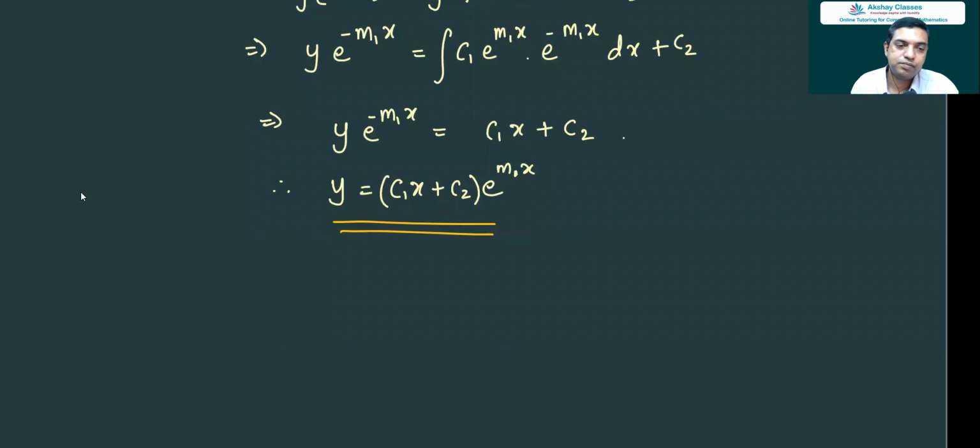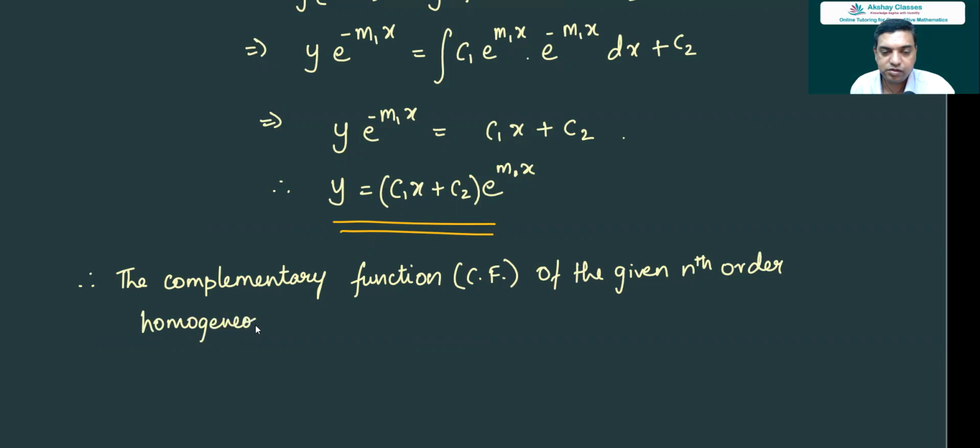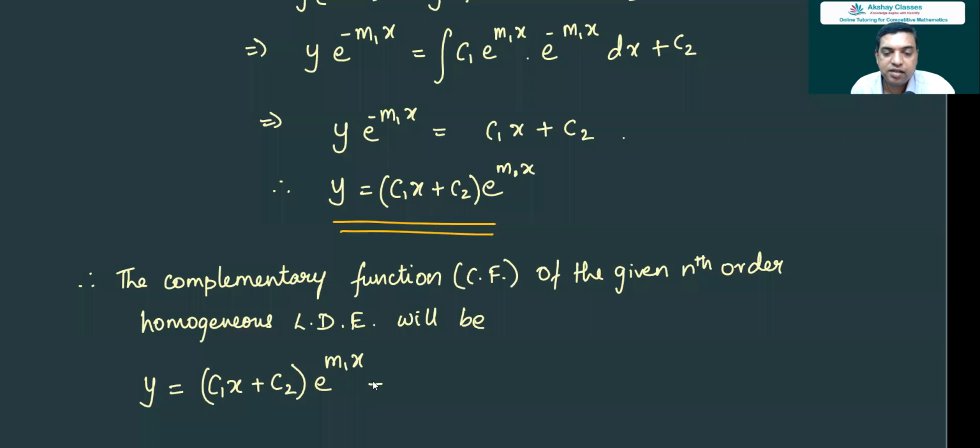Now, therefore, the complementary function or the general solution of the given nth order homogeneous linear differential equation will be y is equal to, because m1 and m2 are equal, for m1 and m2 together we get (c1x plus c2) times e power m1x plus c3 e power m3x.